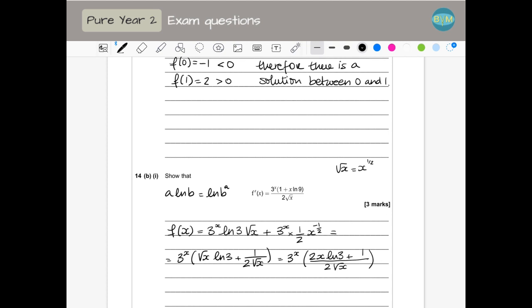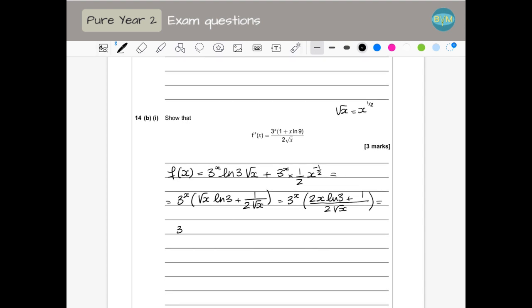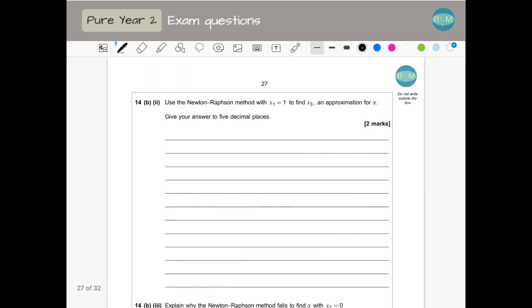So I'm putting that 2 as an exponent for the 3, and then I have 3 to the power of x, x ln 9 plus 1, all divided by 2 root x. So that's my derivative.